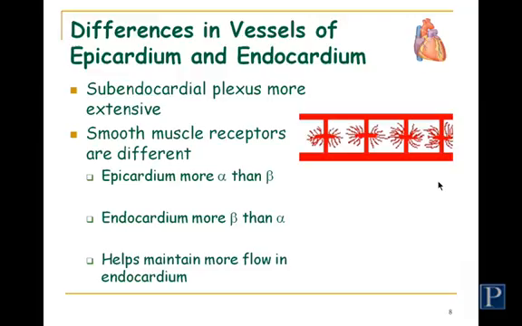So these two things, having a more extensive network in the subendocardium and a slightly different distribution of adrenergic receptors, help to maintain more flow during the cardiac cycle, specifically during systole. We're not saying you get absolutely no blood flow, but you don't get as much during systole as you would in the right ventricle.